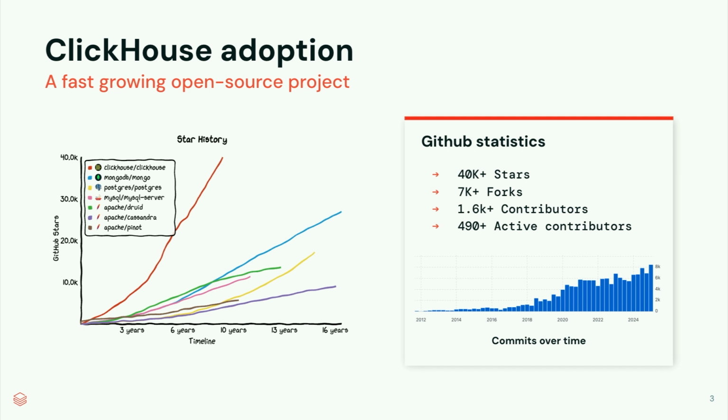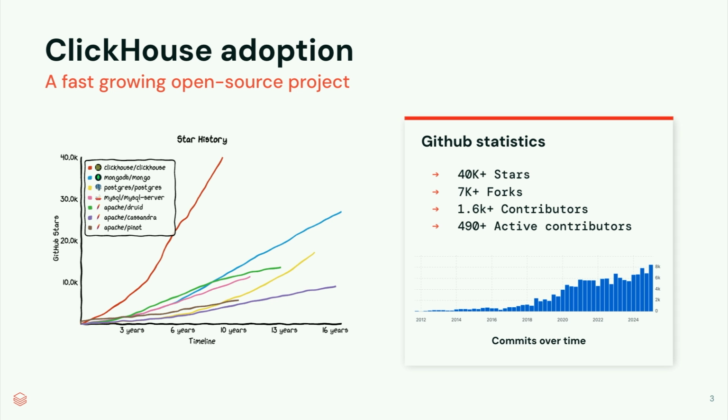So when I talk to my users and customers, the first thing that comes to mind when I want to describe ClickHouse is that it's an open source project. And this is really fundamental about ClickHouse: it was created over a decade ago really to tackle one problem, and this problem was how to do web analytics.